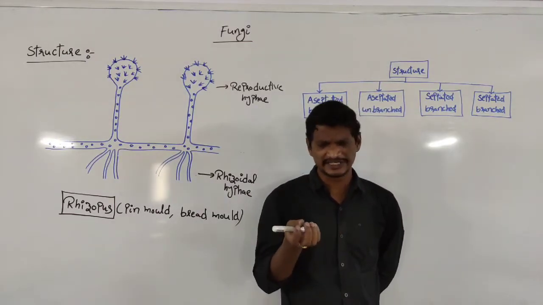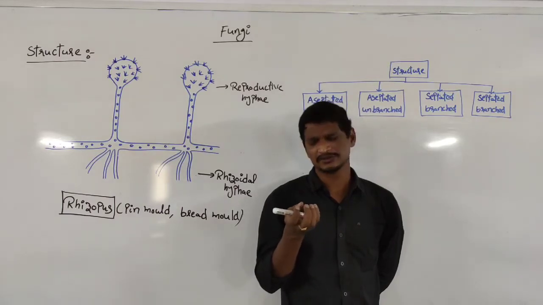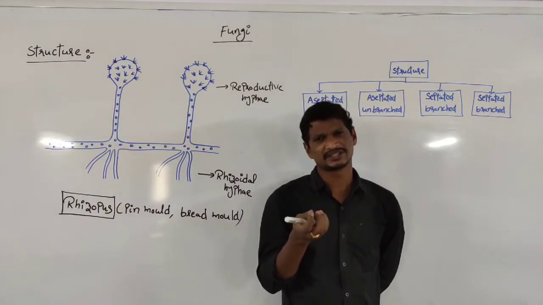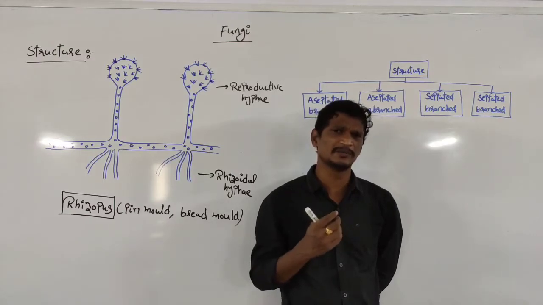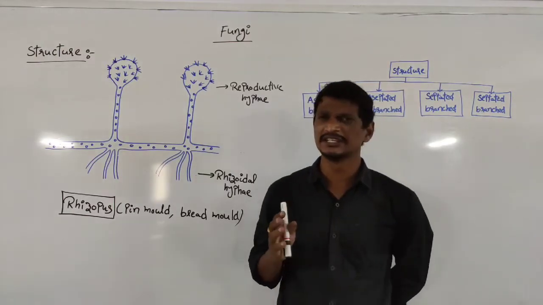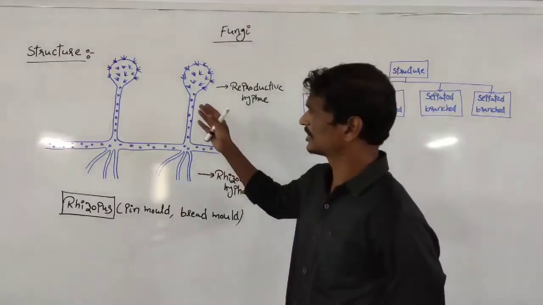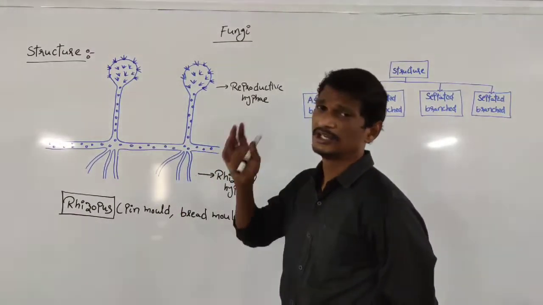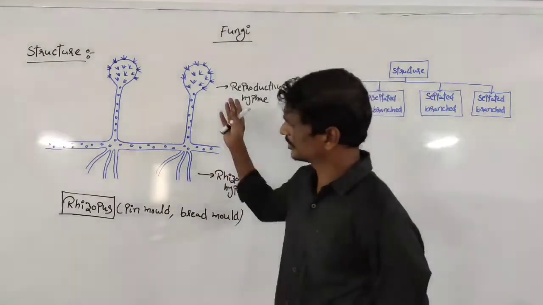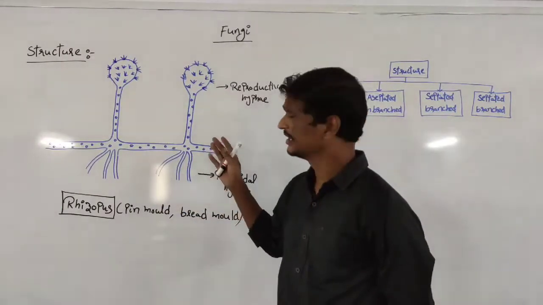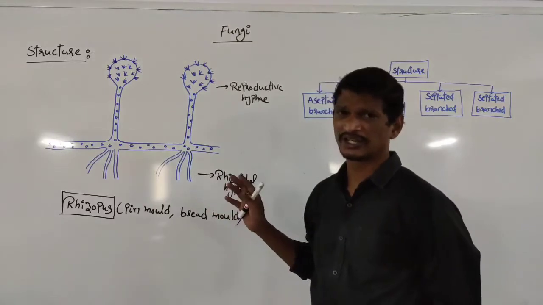See, if we take those black colored pin-like or dot-like structures on a glass slide and observe under the microscope, that structure resembles exactly like this. So this is the exact structure of the Rhizopus.